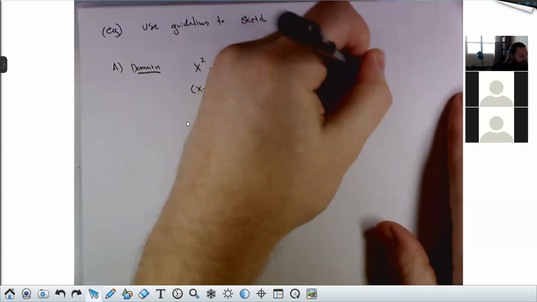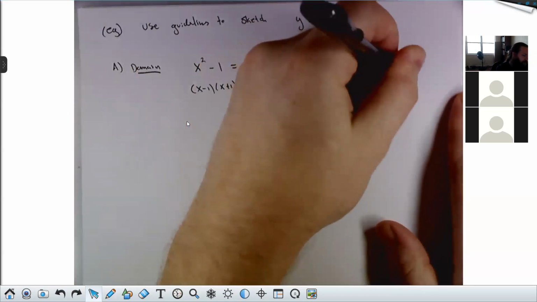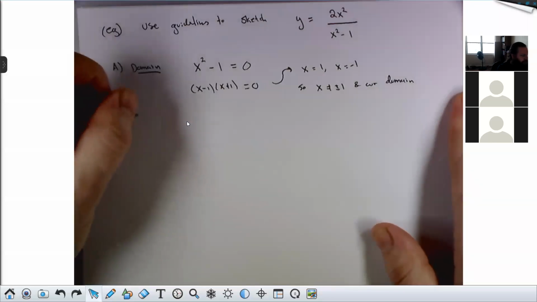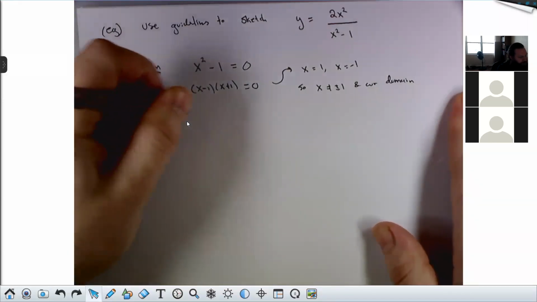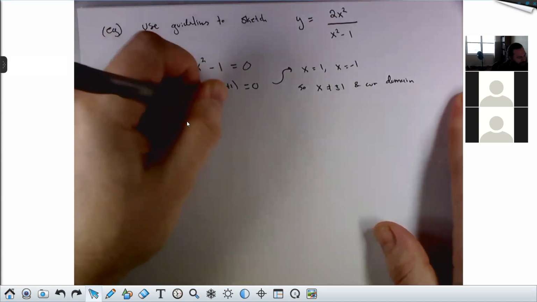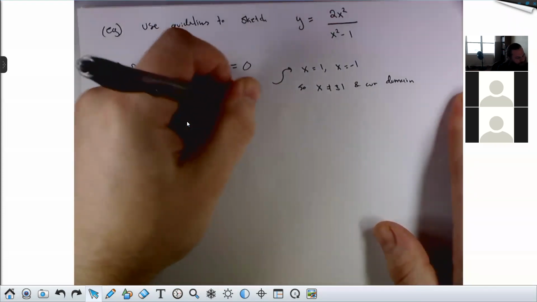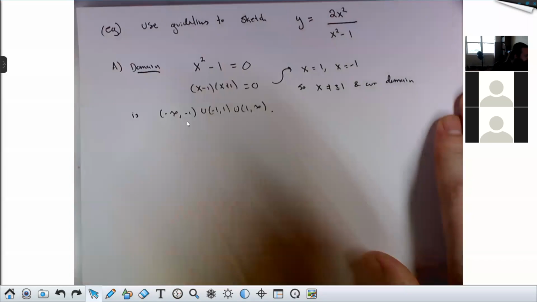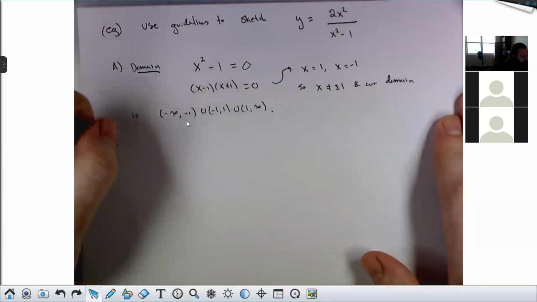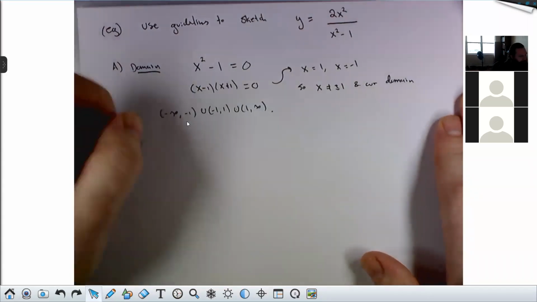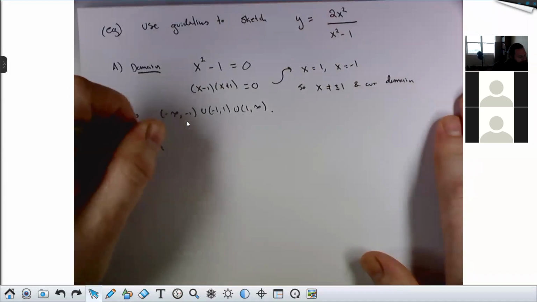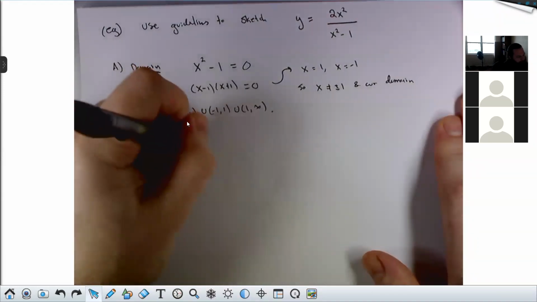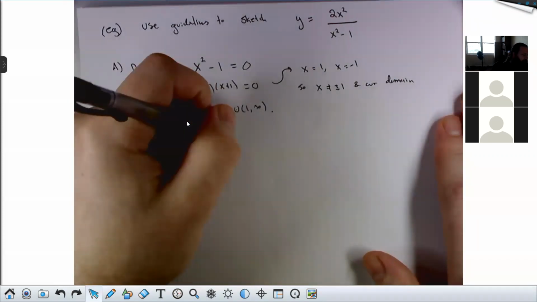And our domain is negative infinity to -1, union with -1 to 1, union with 1 to infinity. The second thing we want to look for are intercepts. The y-intercept always comes from plugging in x equals 0.